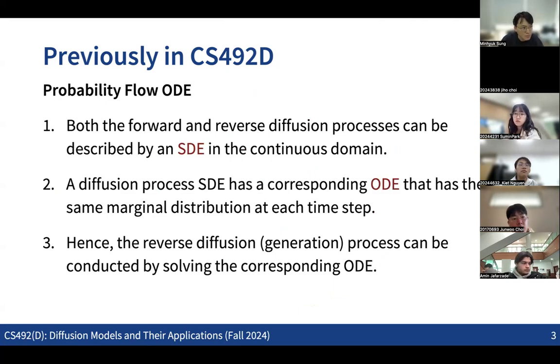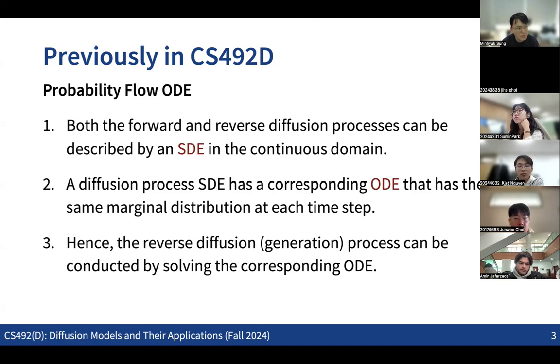For both the forward process and the reverse process, the formulations that we have seen for DDPM and DDIM can be converted into an SDE in the continuous domain, and each SDE can in turn be converted into a corresponding ODE.